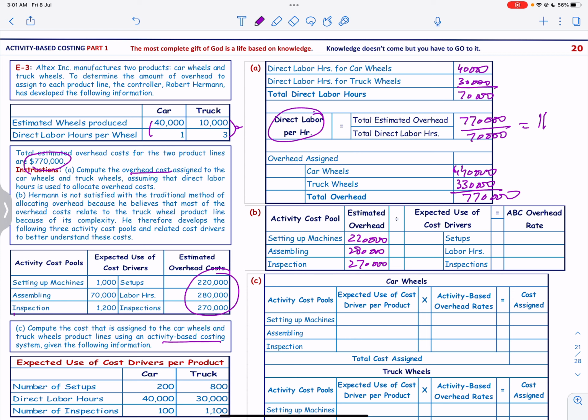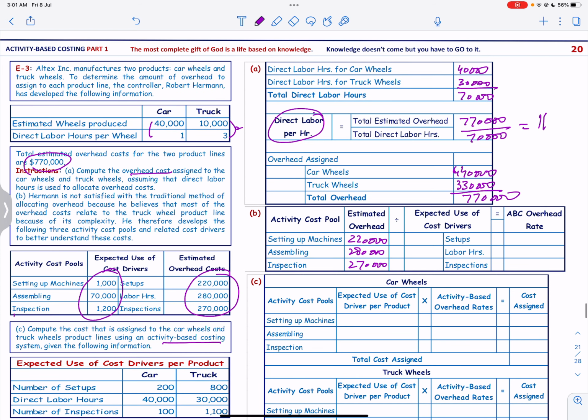And the expected use of cost drivers is 1,000, 70,000, and 12,000 and 1,200. So this is equal to 220. This will be equal to 4 and 225.